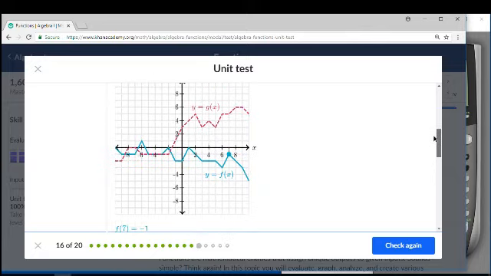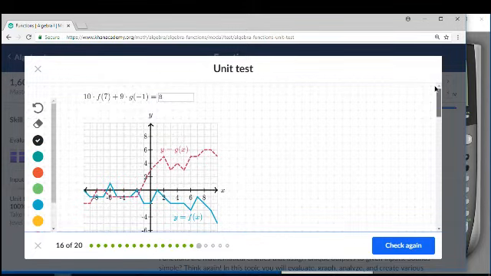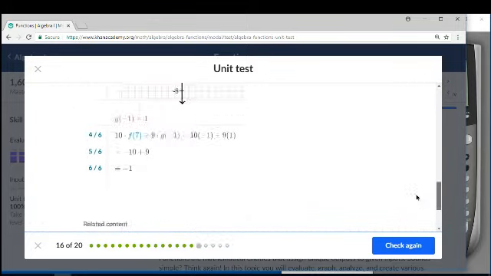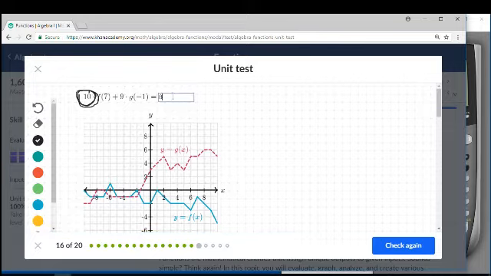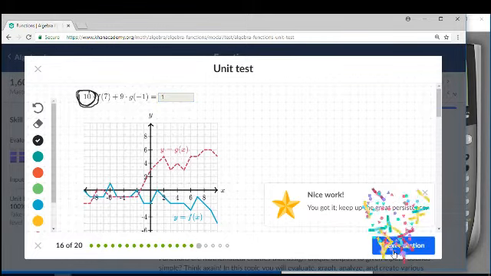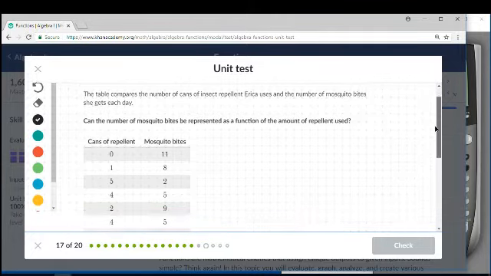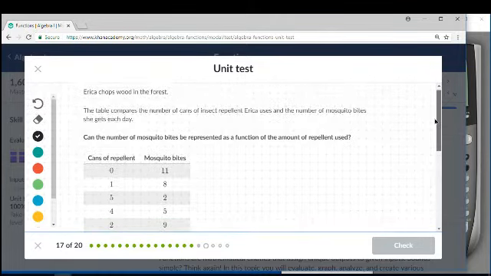Oh, there's a 10 there. Oh, okay. Here's why. I was not even looking. I completely misread that 10, and I also took g of 1 to be negative 1. So you can still get mastery if you get one wrong. Check this out. There is leeway to make a mistake.